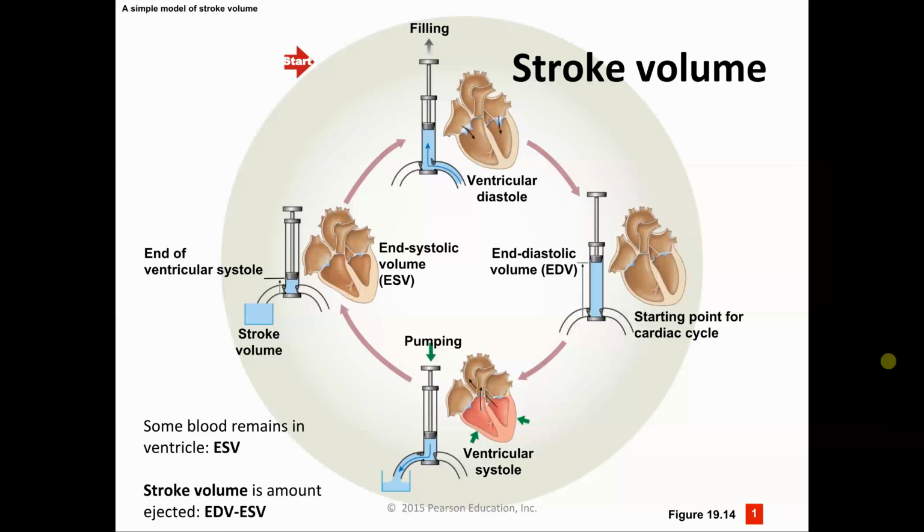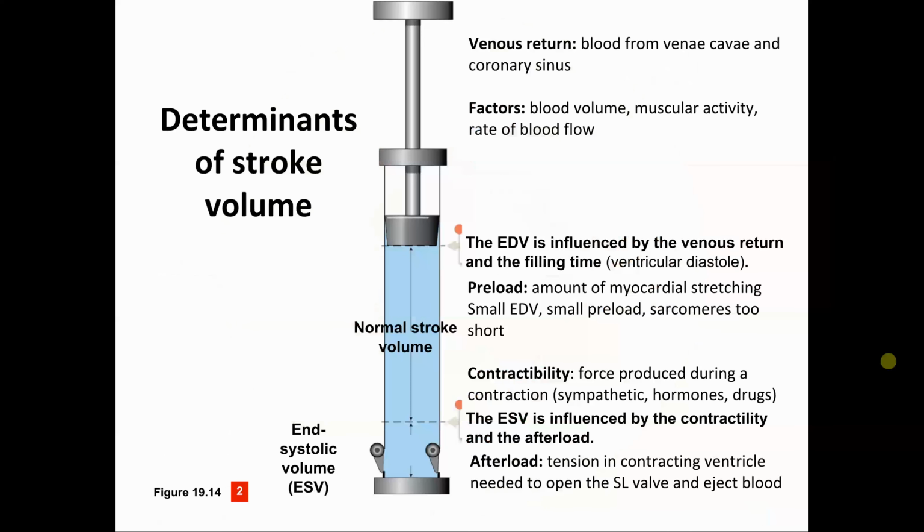One is just how much blood goes into the heart to begin with. And so we call that venous return. So how much blood from our venous system is actually making it into the heart. Some factors that control that is how much blood you have, period. If you have more blood, more is going to move into the heart.